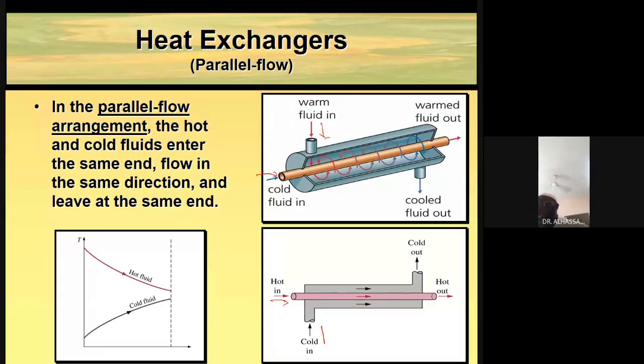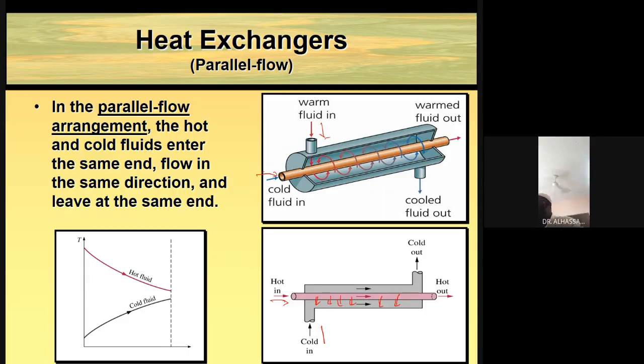Now the temperature profile for the parallel flow situation is like this. The cold fluid behaves like this. It interacts with the hot fluid, so there is heat transfer from the hot fluid to the cold fluid in this way.